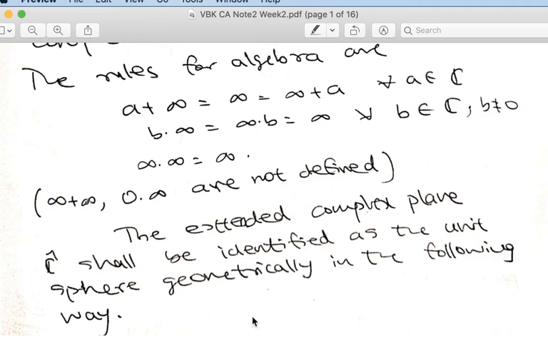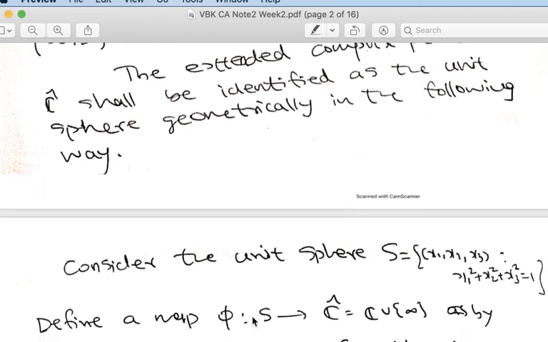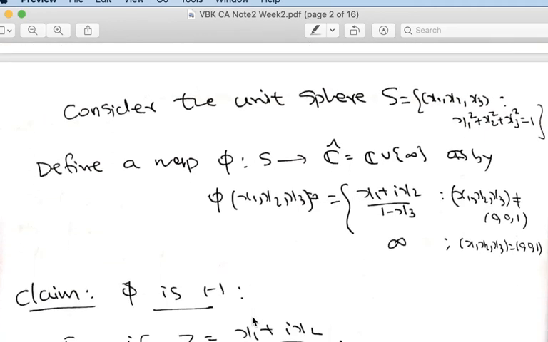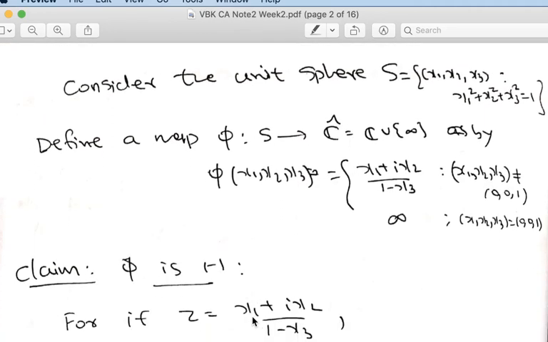Let us see how we can do this. You consider the unit sphere, and you send the north pole, that means the point (0, 0, 1), to the point at infinity, and for the remaining points you define a map in this way.